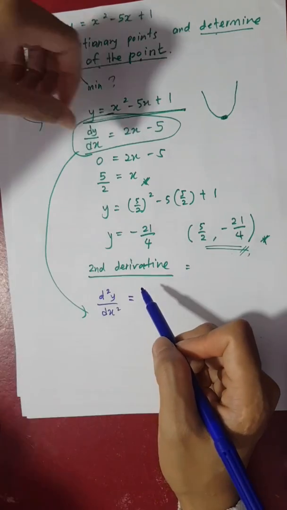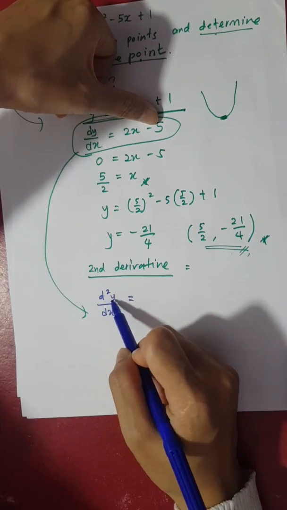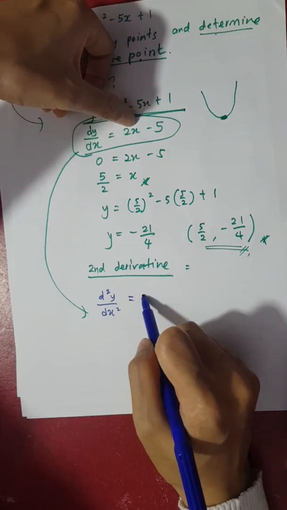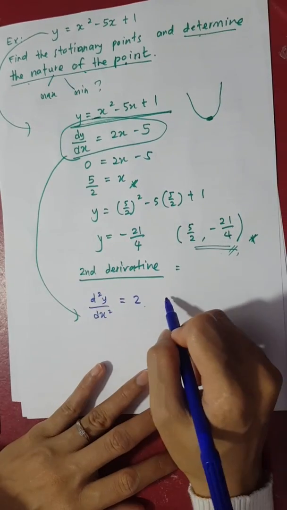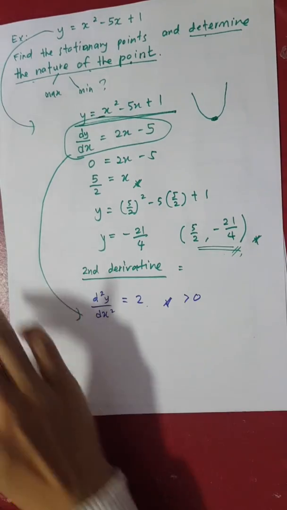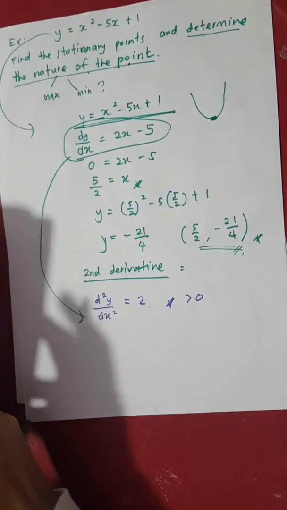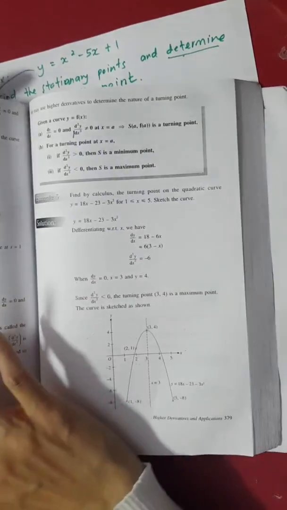So now from here we have dy/dx equal to 2x minus 5. So d squared y over dx squared is 2. Differentiating 2x minus 5 gives 2. It's positive, more than 0. So if you look at your textbook, I believe all of you have the textbook, this is actually the formula.